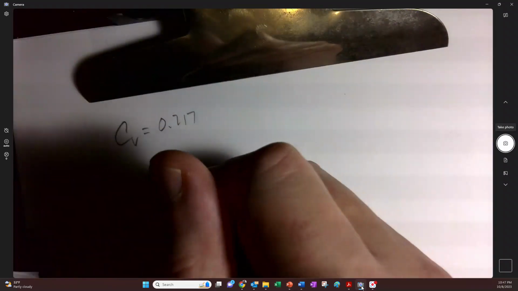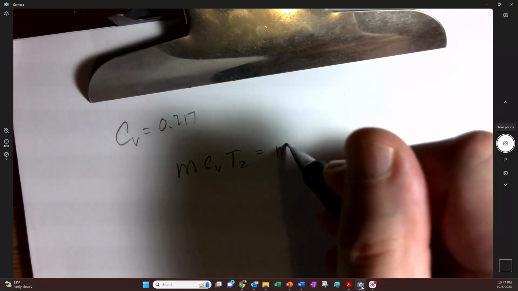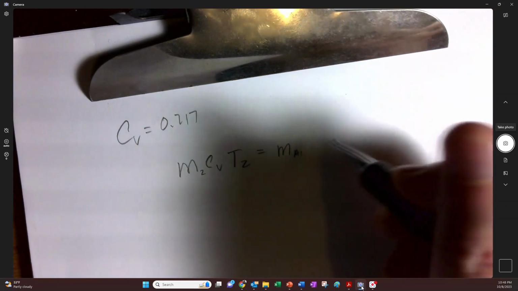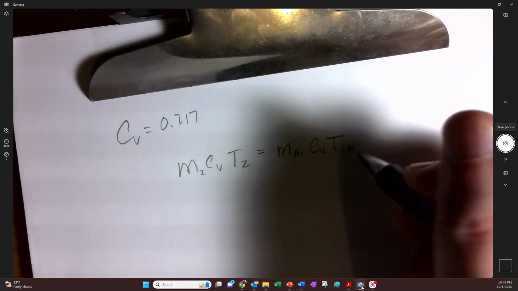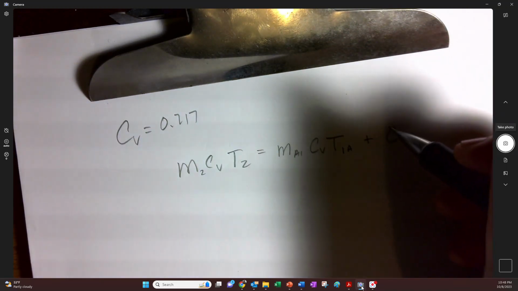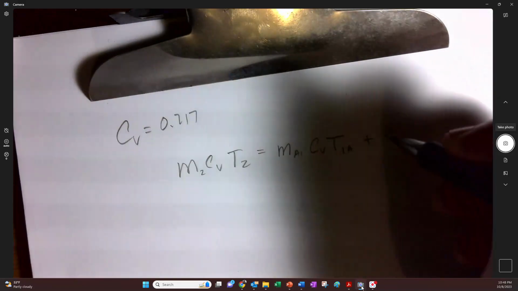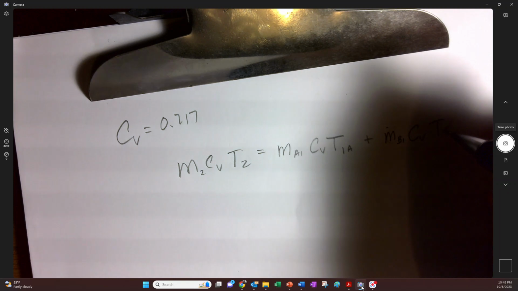And write M2 CV T2 is equal to MA1 CV T1A, sorry, plus MB1 CV T1B.